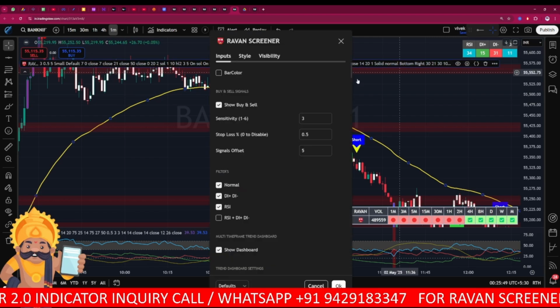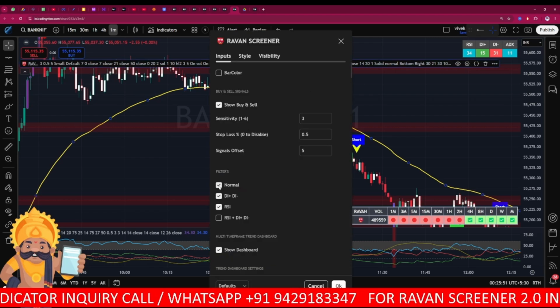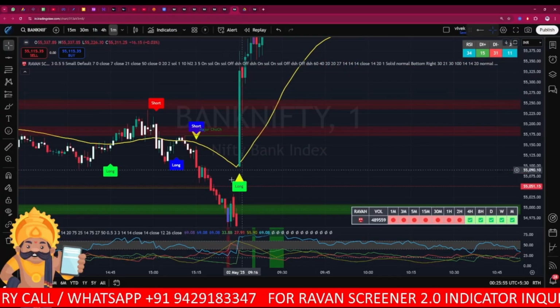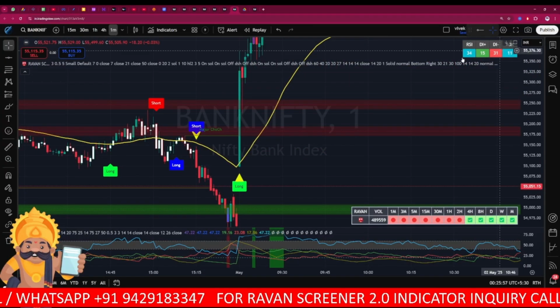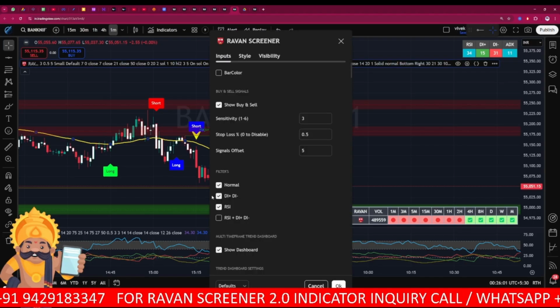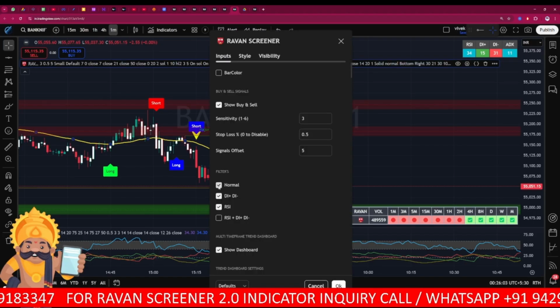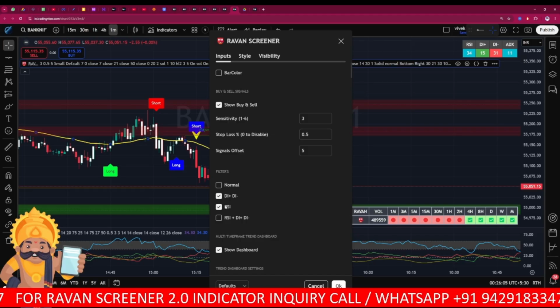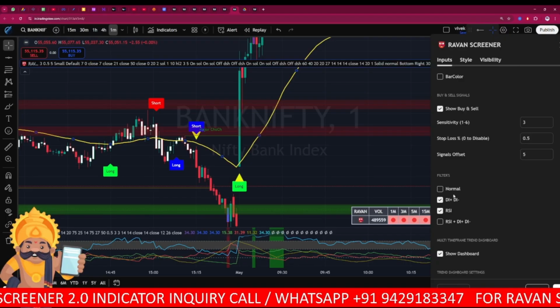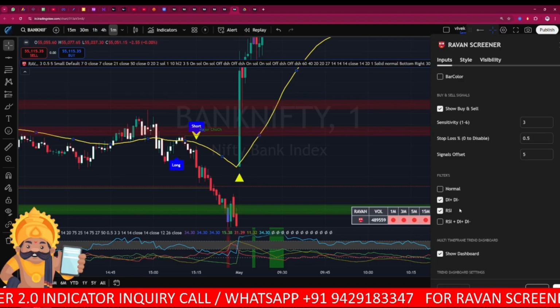I generally prefer normal, because in some cases we get good signals in normal mode only. I do not want to miss the opportunity, that's why I use normal candles. But if you want only the confirmation signals for DI plus DI minus, you can check mark this, and that will also work.